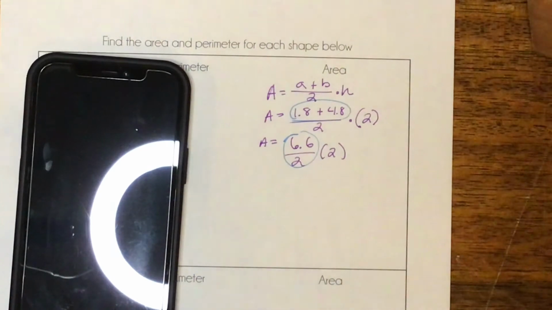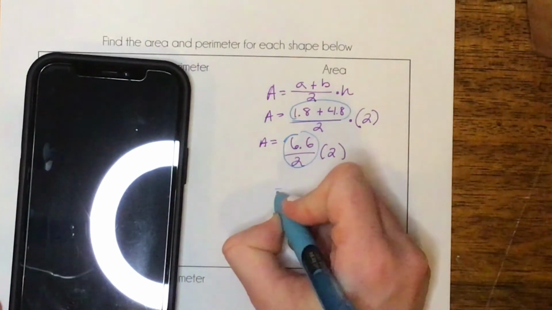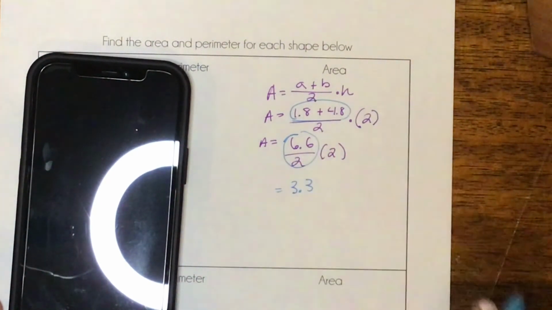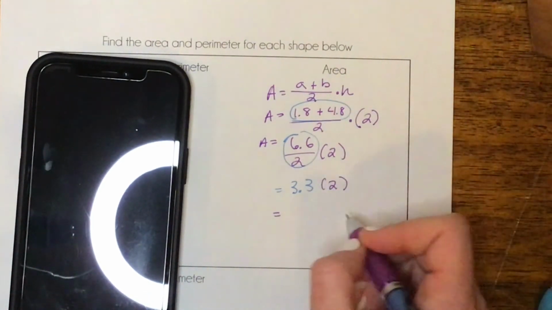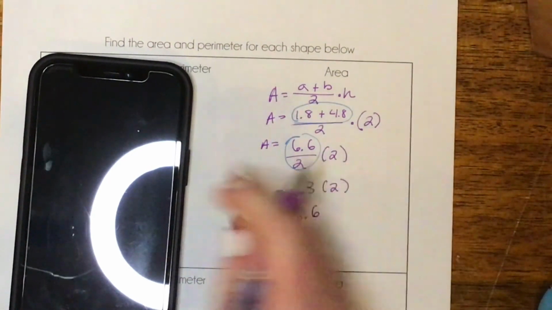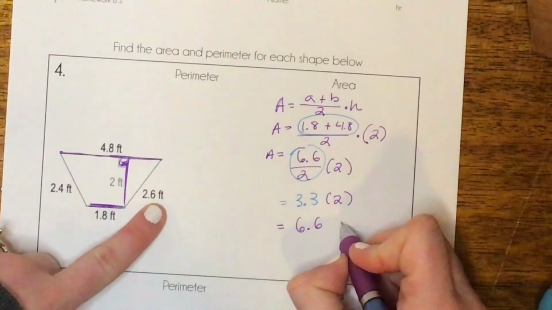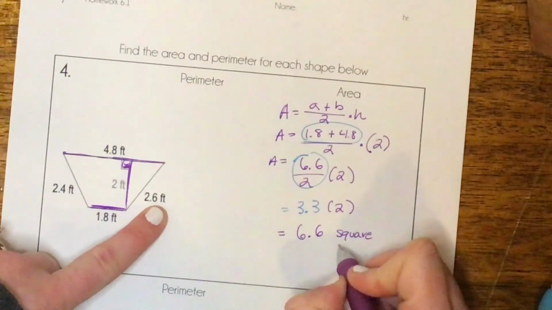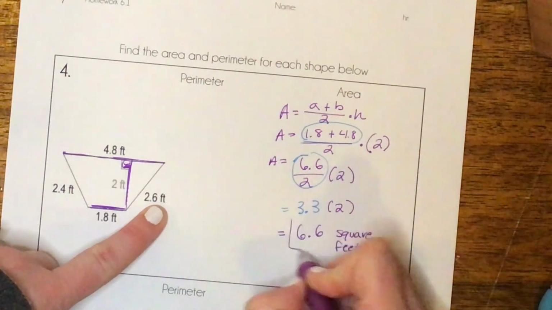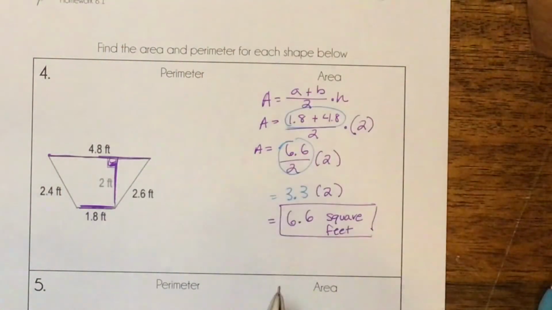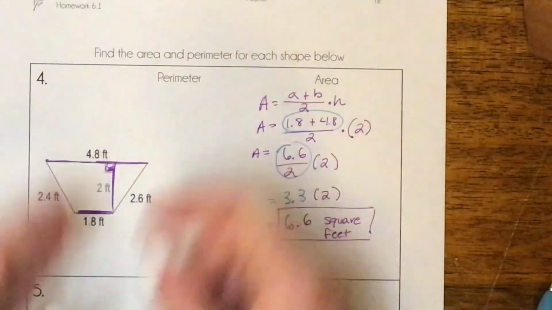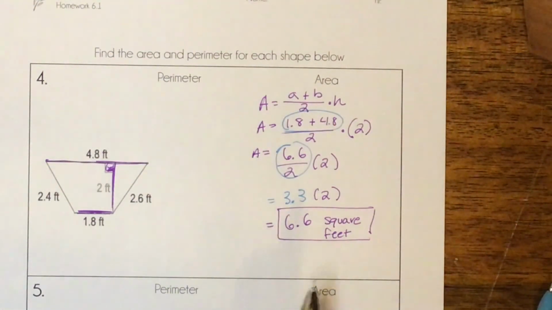All right, so we got 6.6 divided by 2 times 2, doing one operation at a time. 6.6 divided by 2 is 3.3. Then I still have to do times 2. 3.3 times 2 is 6.6. And we're talking about square feet. So if I filled that with squares that were 1 foot by 1 foot, it would take 6.6 of those.